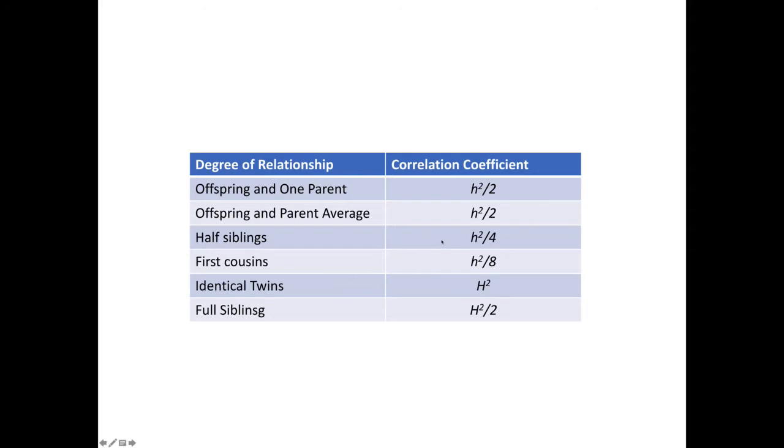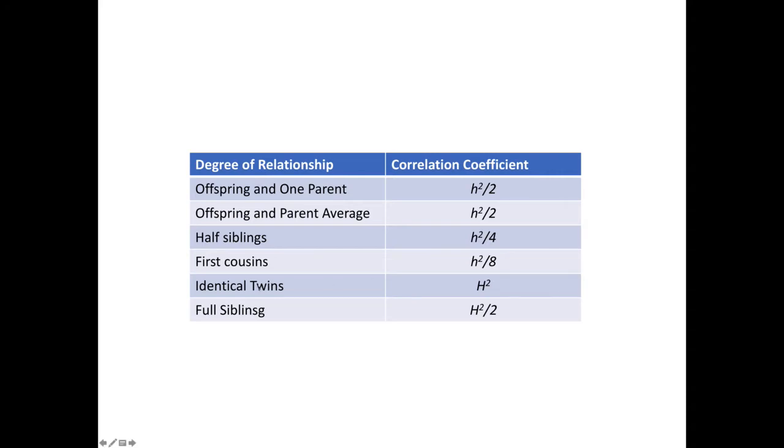But if one calculates the correlation coefficient, in the case of parent and offspring, that correlation coefficient will equal narrow sense heritability divided by 2. So if one sees, for example, a correlation coefficient of 0.5, that would be 0.5 equals little h squared divided by 2, that would suggest that heritability is 1, right?